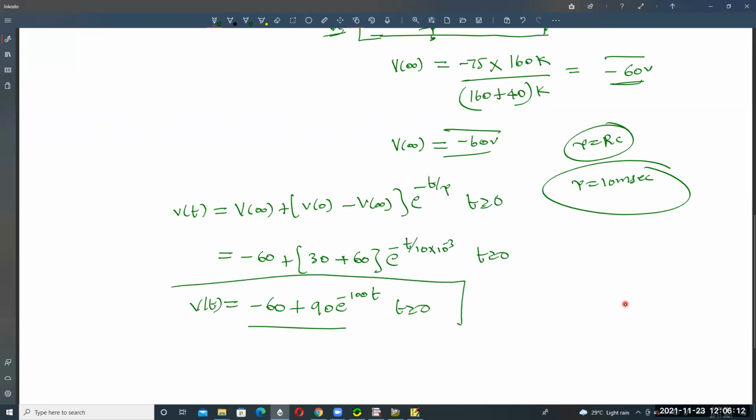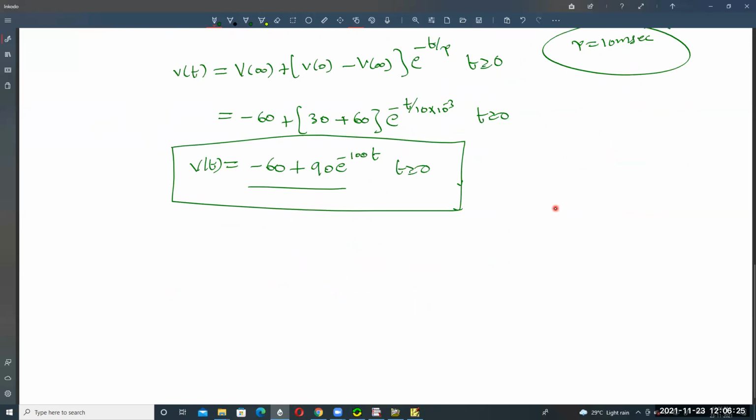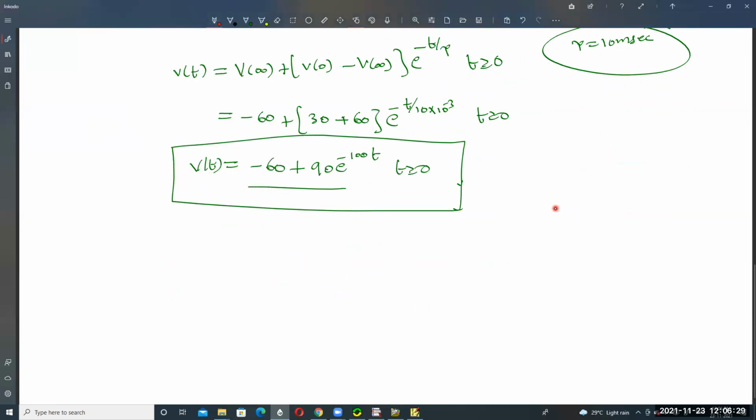Like this, we will get this response. So what is the response here? What waveform will we get across the capacitor, if we connect a probe like this? We will get this type of response.